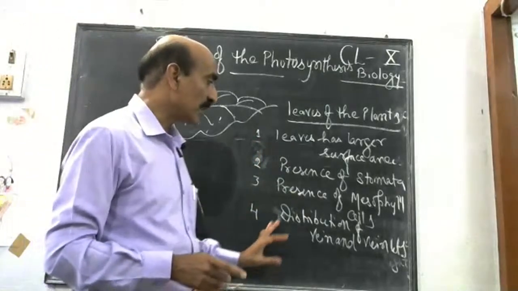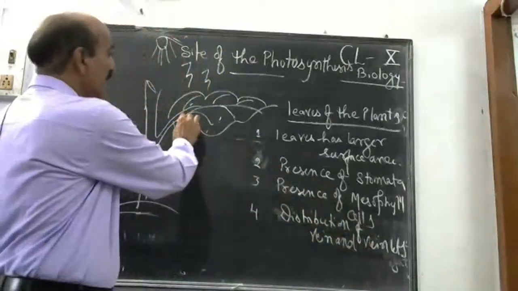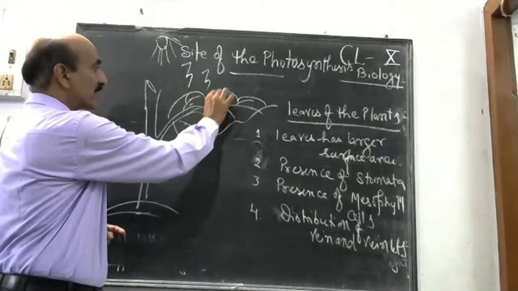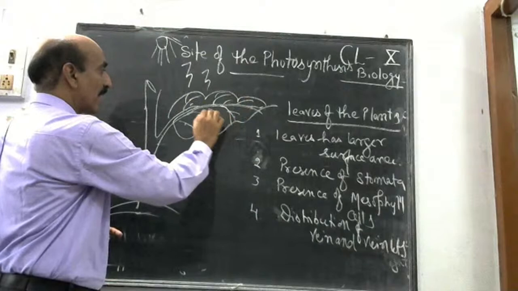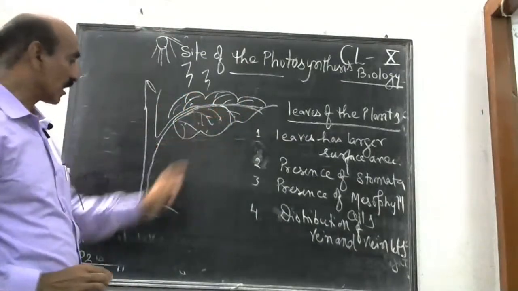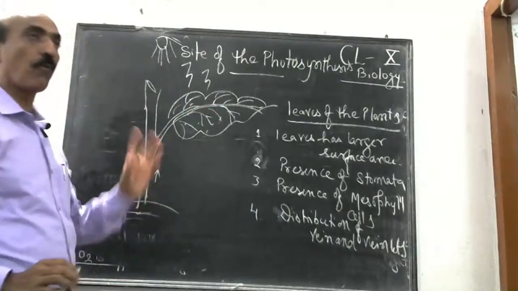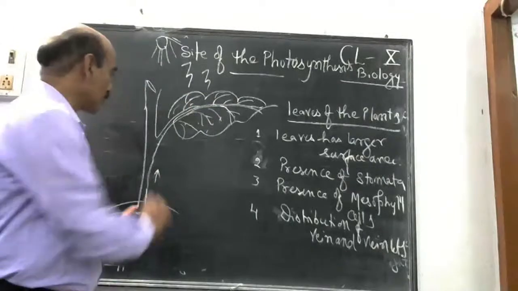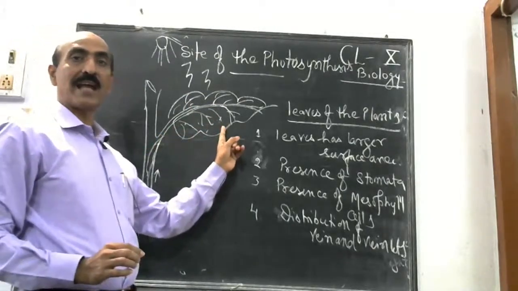Now, fourth one is distribution of vein and veinlets. As you know, these are the vein and veinlets. This is the midrib, and from the midrib there are several branches that carry water and minerals from the root. When plants absorb water and minerals from the root, they reach the leaves directly.